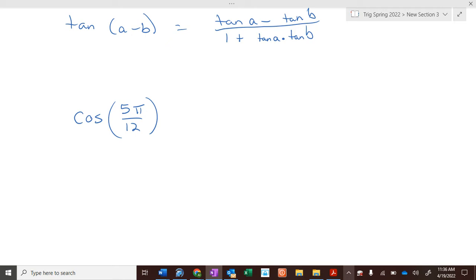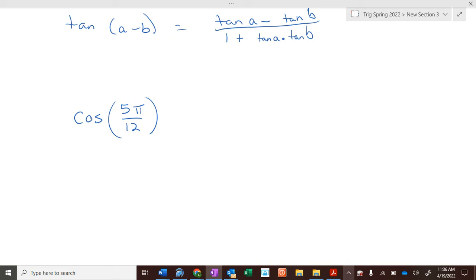Crickets. It is a trick question. Is 5 pi over 12 on your unit circle? No. 5 pi over 12 is not on your unit circle, so you cannot find the cosine of 5 pi over 12 just on your unit circle alone. Okay?